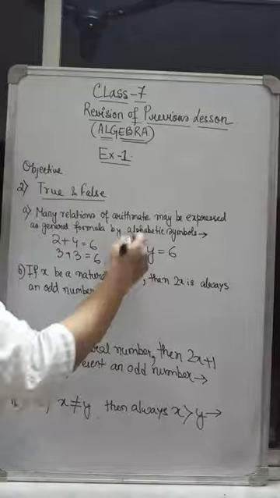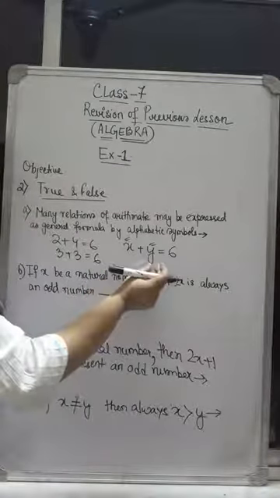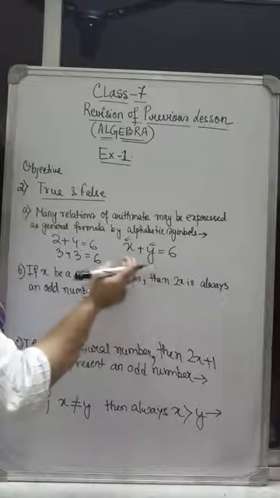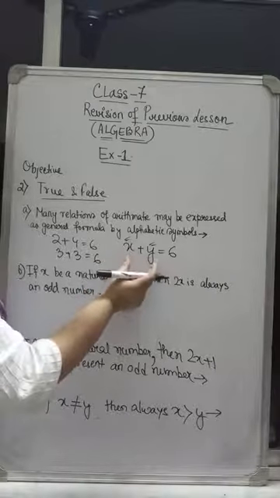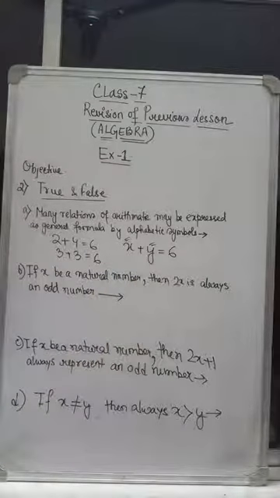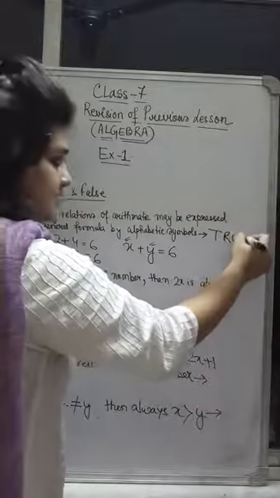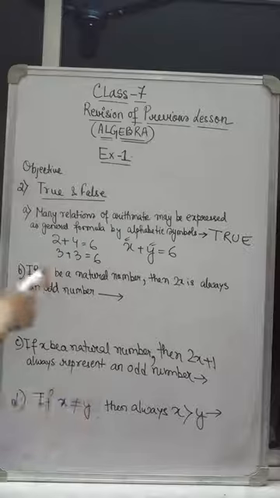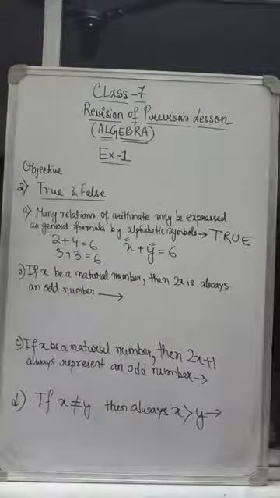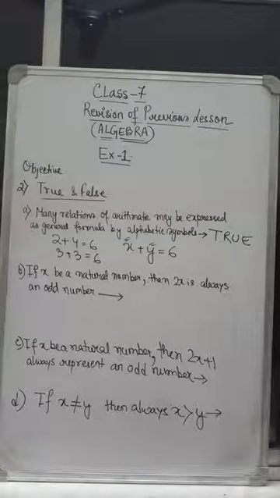So x can be anything, y can be anything, but here we are using alphabetic symbols x and y as two numbers, and when they are added they give the value 6. So the statement is true. Yes, many arithmetic relations, without using the numbers, I can show by using alphabetic symbols.